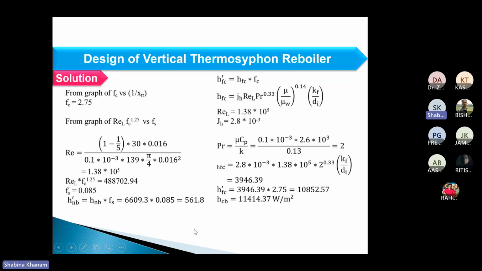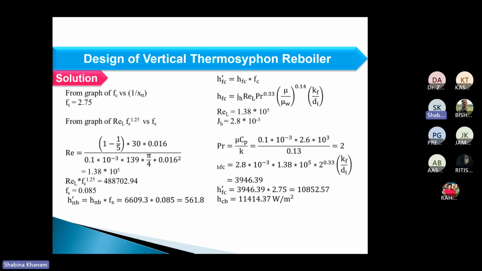So the liquid Reynolds number we need to consider. You can see here we have the Reynolds number, but the first term over here is 1 minus x. Please refer to the theory class or the volume 6 book. Here x is the vapor quality, so that should be 1 by 5.